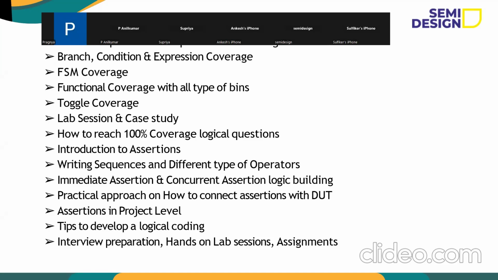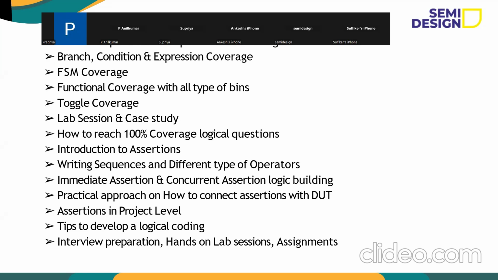Okay. So we will go through the different types of assertions, the basics of assertions, how exactly each assertion is written, and then the different things we have in assertions: sequences, how to combine the different sequences, how to write properties, and the different types of assertions, for example immediate assertions and concurrent assertions.